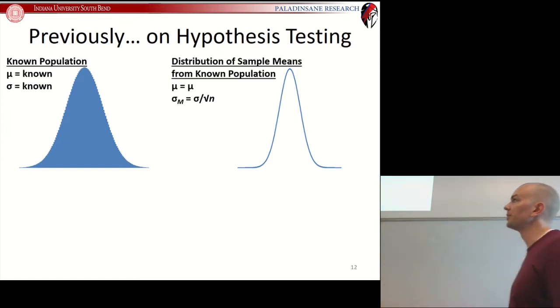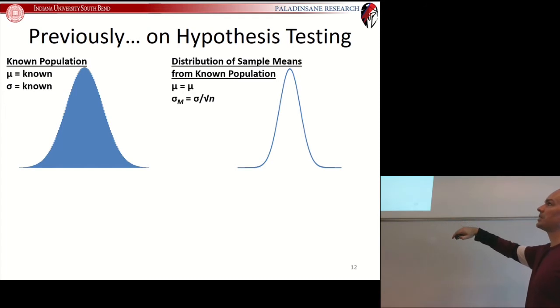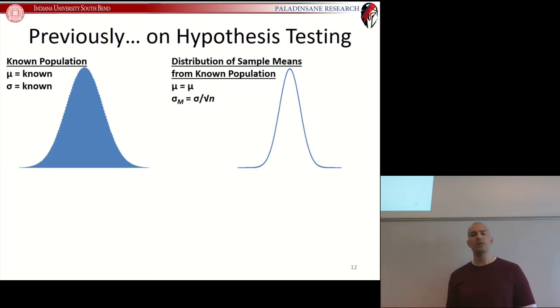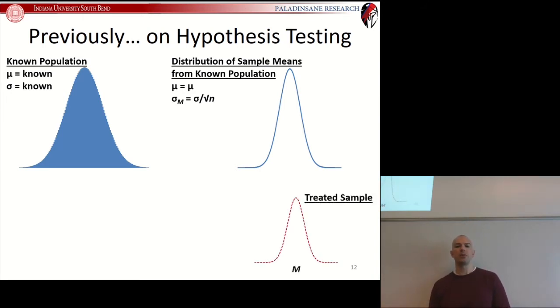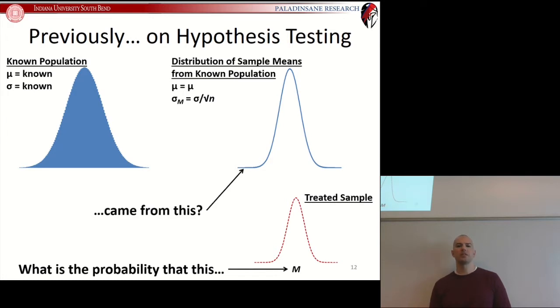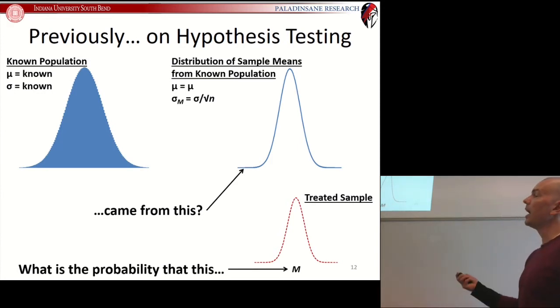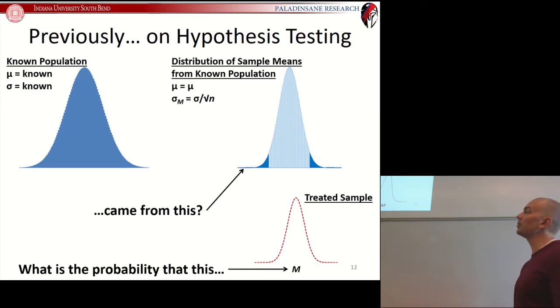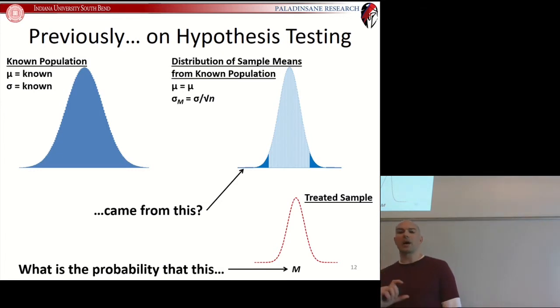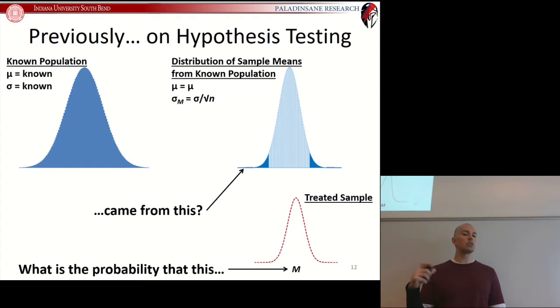So again, what we did in hypothesis tests is we had this distribution of sample means from the known population that we figured out. That's our comparison distribution. And we took our treated sample and figured out the probability that the mean from our treated sample came from this distribution of sample means. We analyzed that by splitting up our distribution into a body and, in this case, tails for a two-tailed hypothesis.